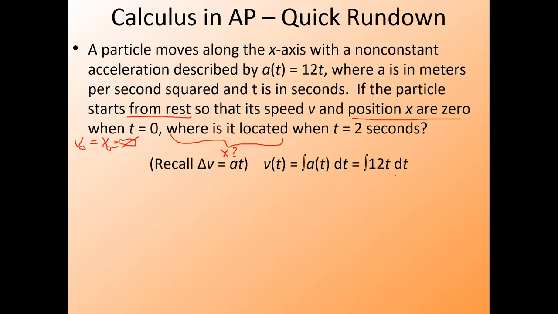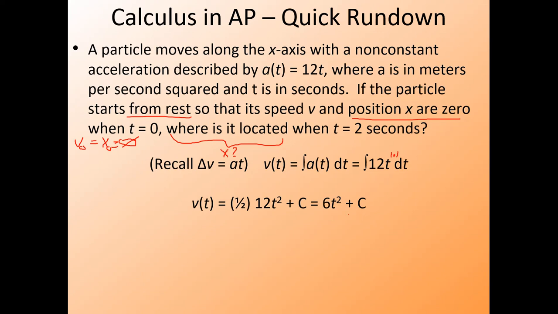Again, time is my variable, so the exponent is a 1 on that. I'm going to add 1 to it to get 2, and divide the coefficient by 2. I add in this c term. 12 divided by 2 is 6. So my velocity equation is 6t squared plus c.